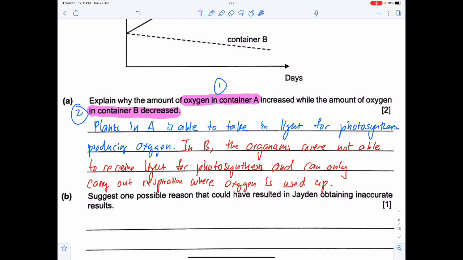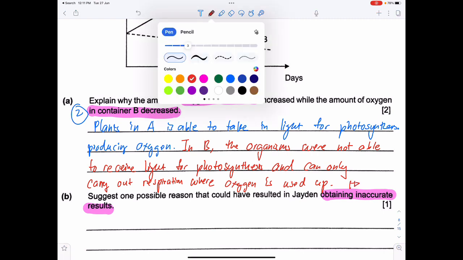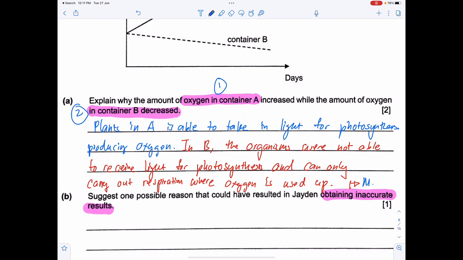Next, suggest one possible reason that could have resulted in Jaden obtaining inaccurate results. So wherever you're dealing with inaccurate results, you are actually dealing with the measured variable. Please write this down, very important. So we're really talking about the method or the instrument used to obtain the results.